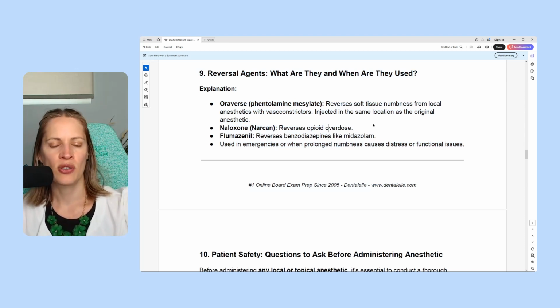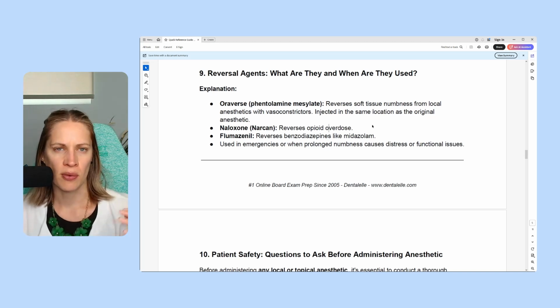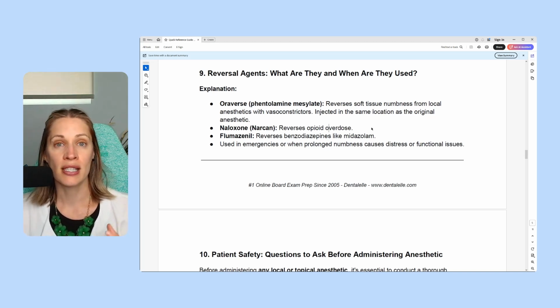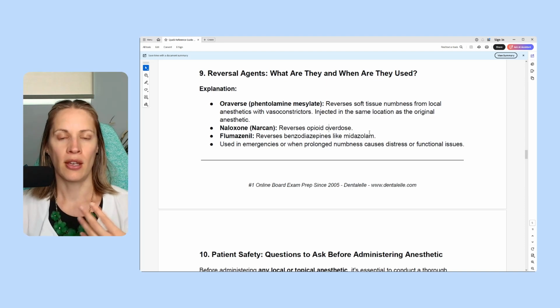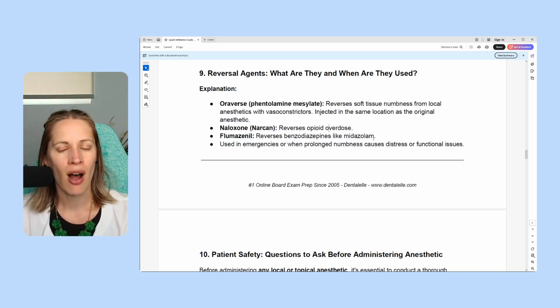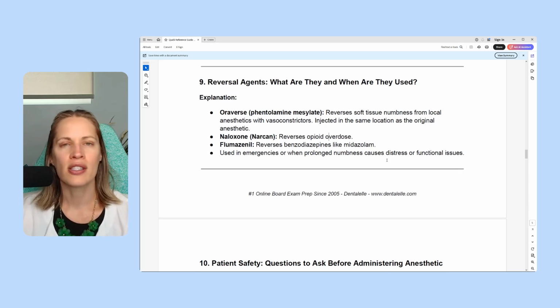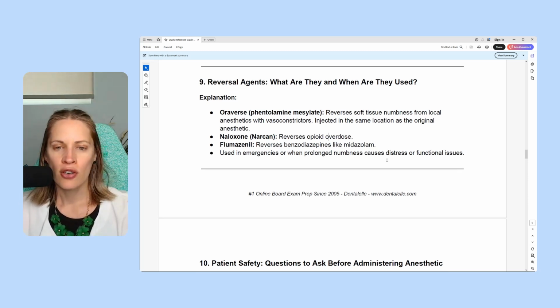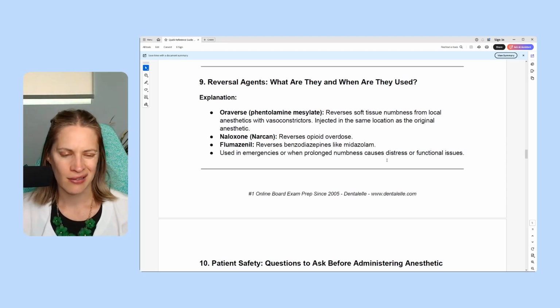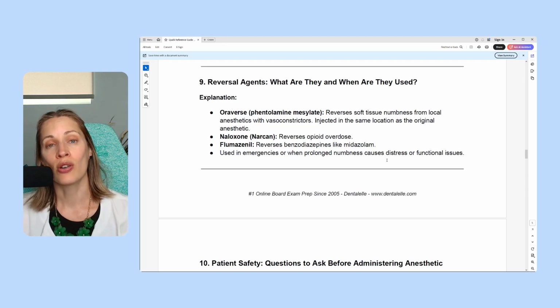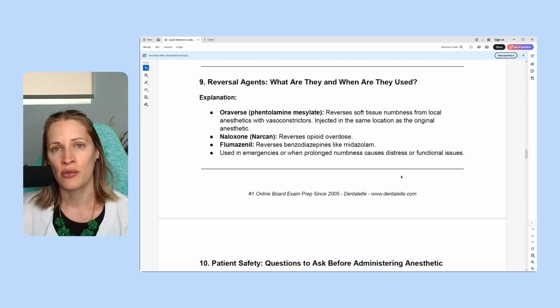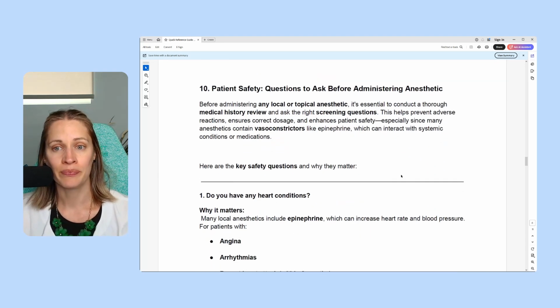This is actually going to reverse the overdose. If they've overdosed, it reverses it so they wake up, they feel better, but they still need to be hospitalized after that to make sure everything's okay. These are obviously used in emergencies, not just if somebody feels dizzy and they don't really feel good, but if things are getting worse, then this is when you would use a reversal agent.